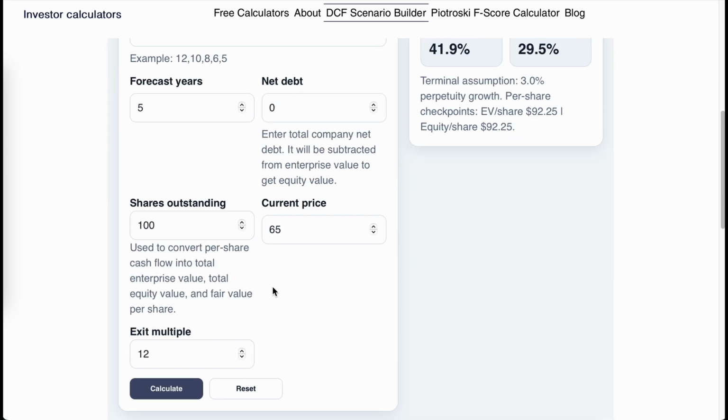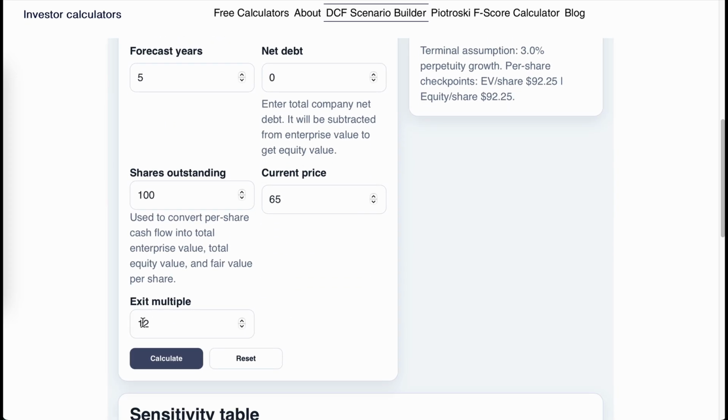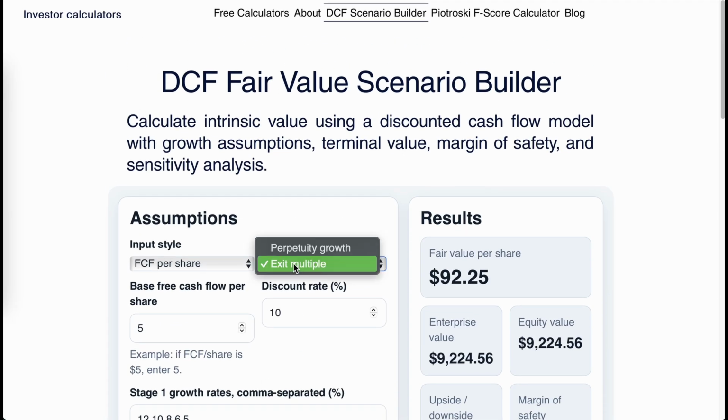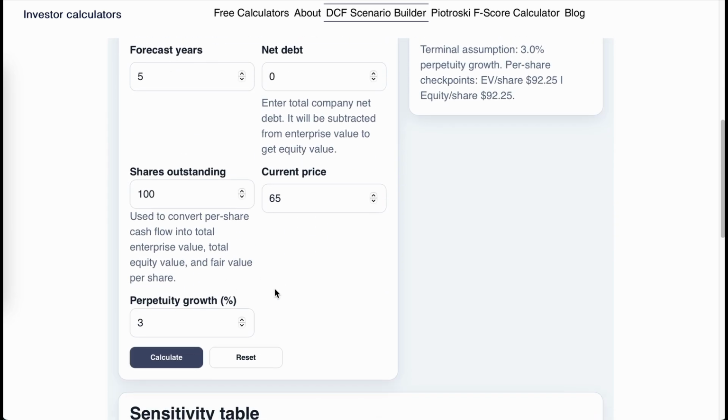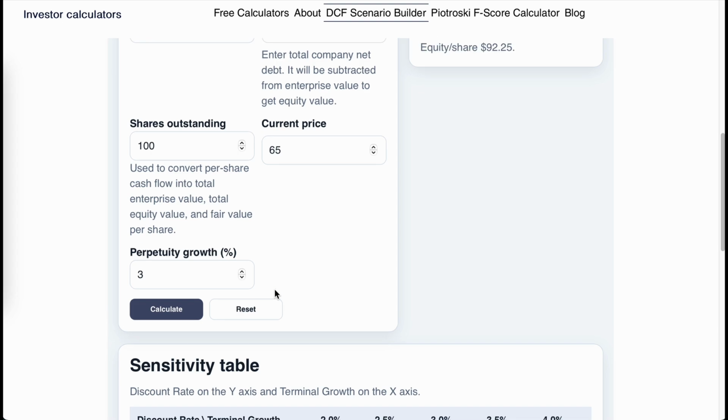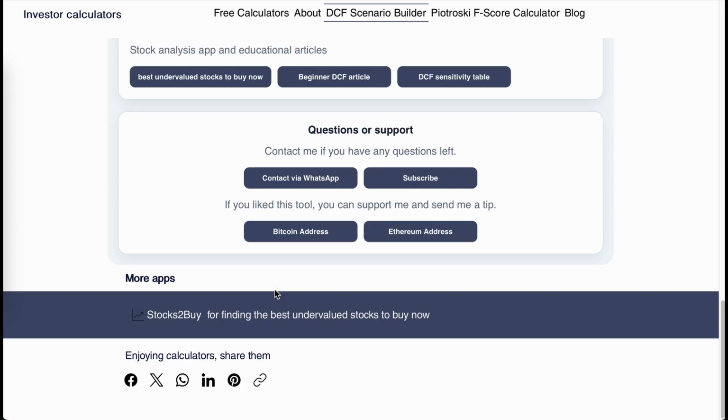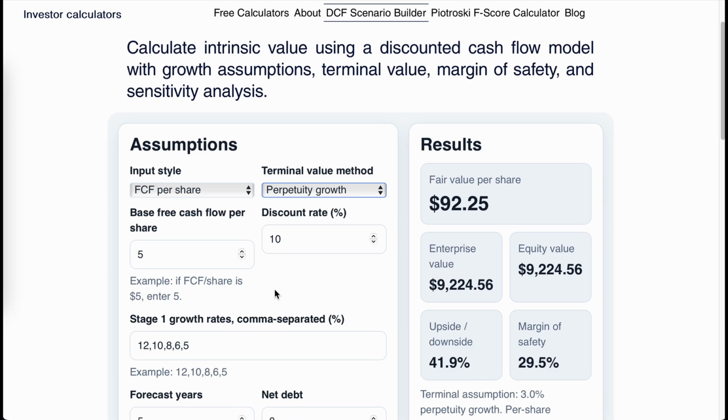So if you take the multiple here, you should use some multiple for the last year as I have mentioned. But since we're taking this perpetuity growth method, we're indicating 3% over here. Then based on your calculation, that's basically everything you have to do right here.